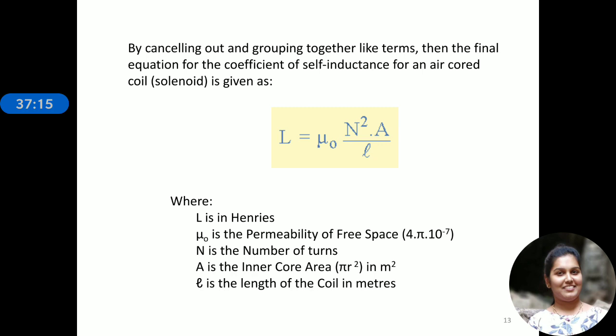In addition to this, we can also talk about some other points. As well as increasing the number of coil turns, we can also increase the inductance by increasing the coil diameter or by making the core longer.